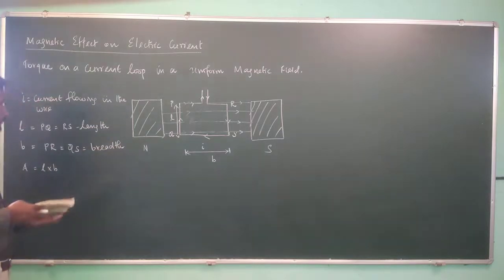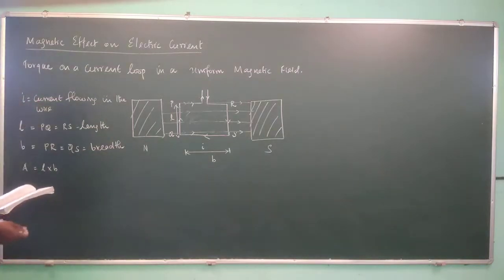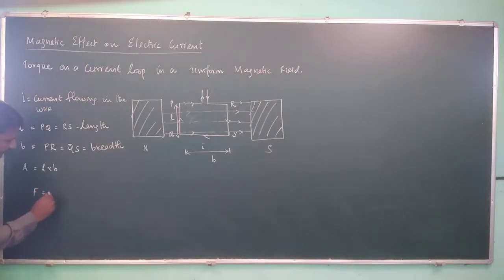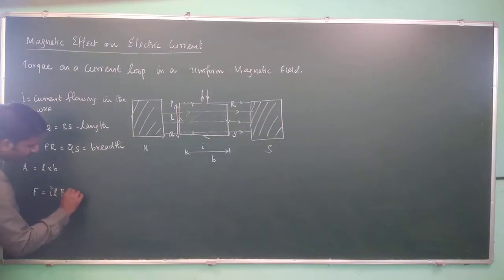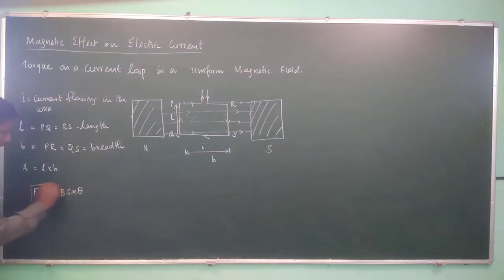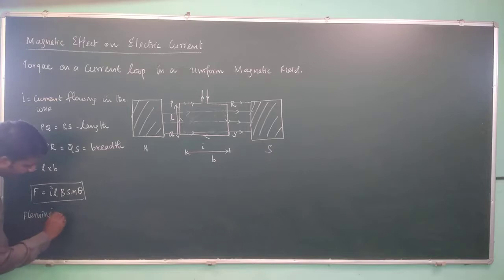For the equation of this force, we have to apply the formula F equal to ILB sin theta. This is the expression for force, and the direction of the force we can denote by Fleming's left hand rule.